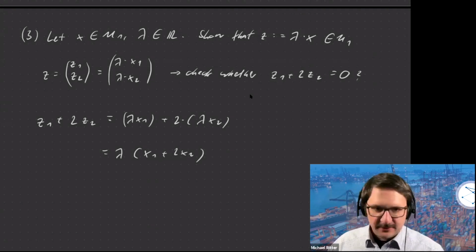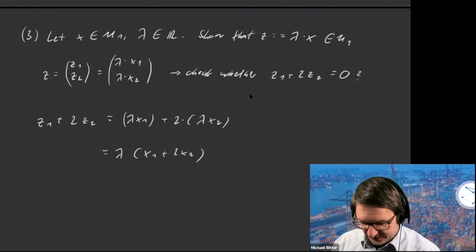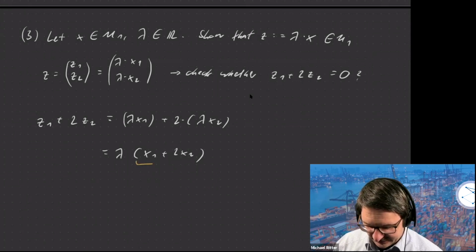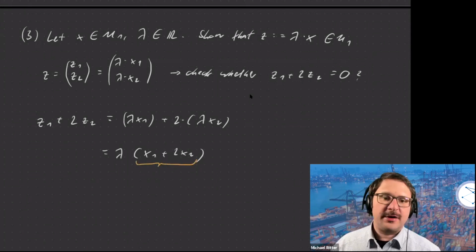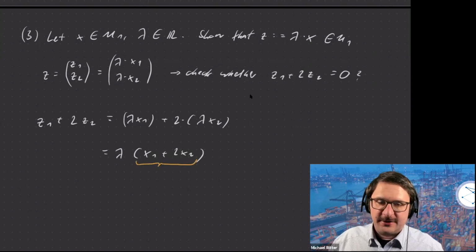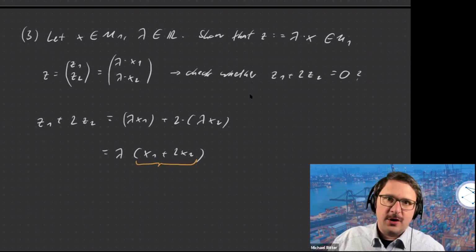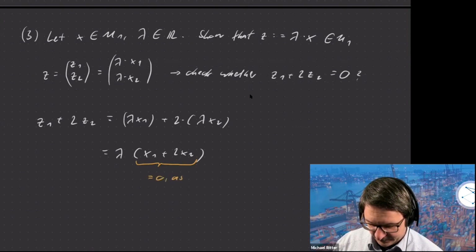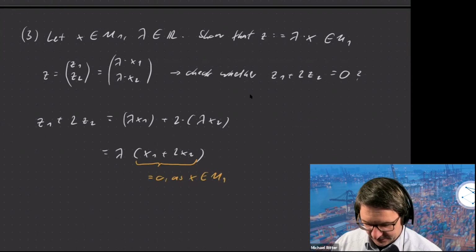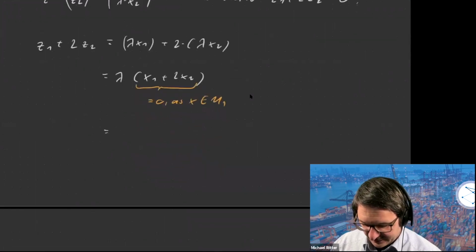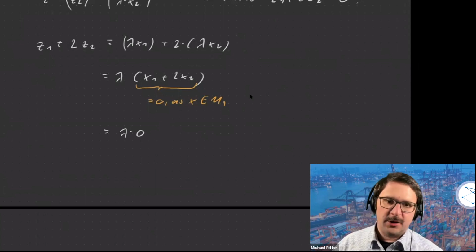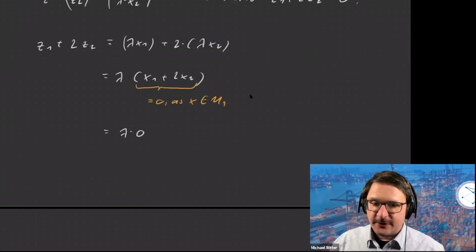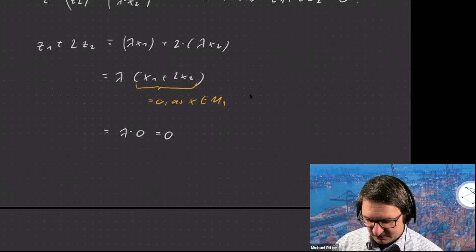And now, very similar to what we had before, you'll notice that this part here, x1 plus 2x2, is exactly what appeared in the definition of U1. So as x is in U1 by our assumption, that means this expression has to be equal to 0. And that means what we have here is lambda times 0. Now lambda is just a real number, and any real number times 0 will always be 0.